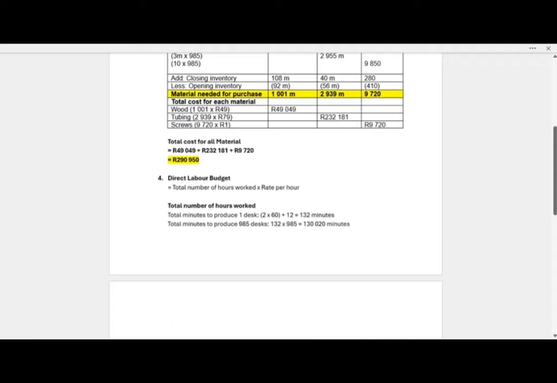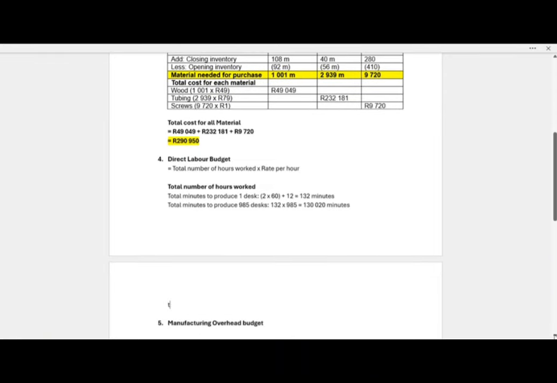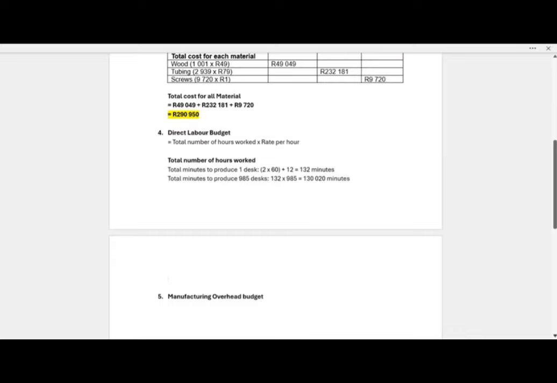So now we are reaching the answer. We are going to calculate the total number of hours. We just convert the number of minutes, which is 130,020 minutes, and divide by 60.